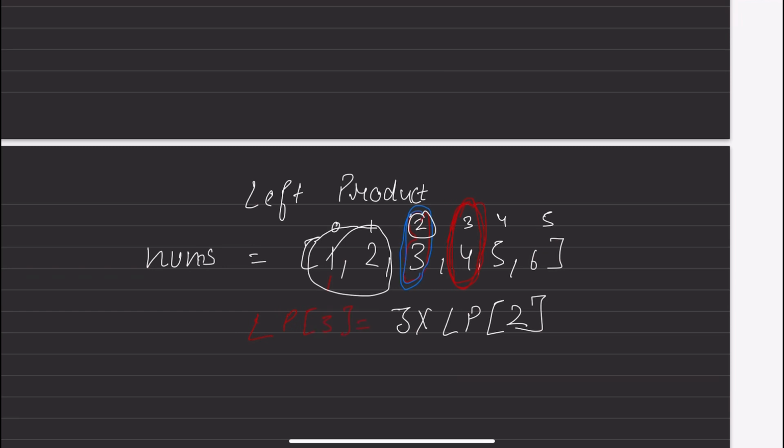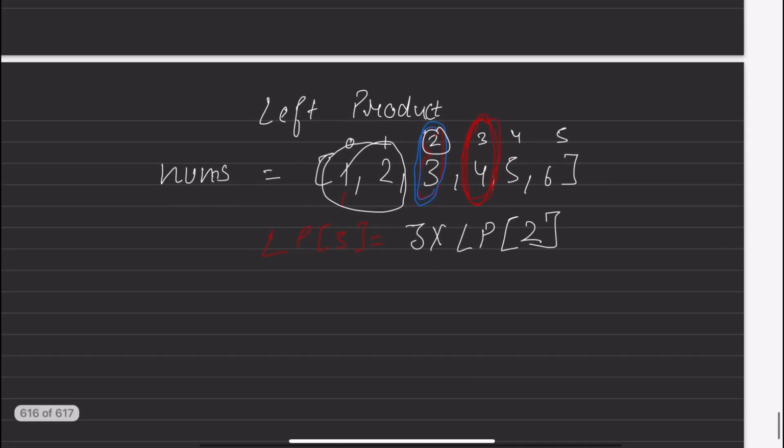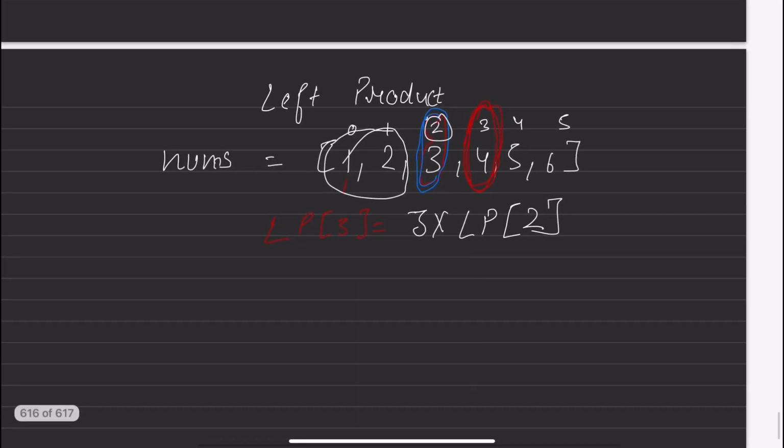Didn't understand it? Let me explain it one more time. Now I want to have the product of all the elements on the left of the fourth index.